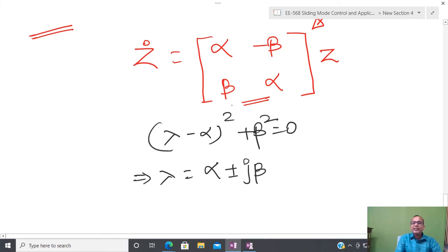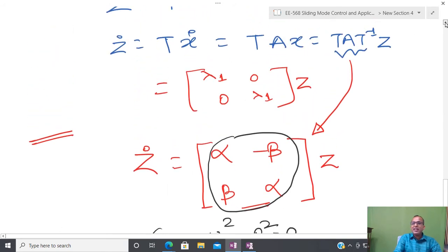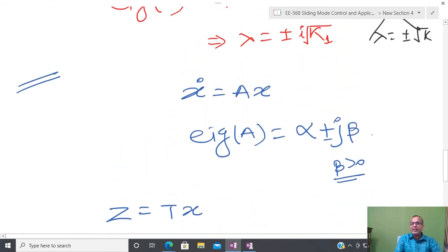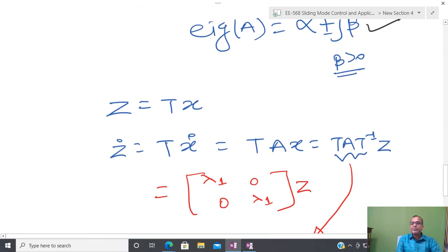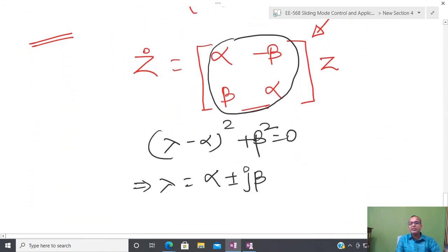Due to that reason I have defined T A T inverse like this, because the original eigenvalues of this matrix are alpha plus minus j beta. And we are claiming that after defining a transformation I am not going to change the eigenvalues of this matrix.